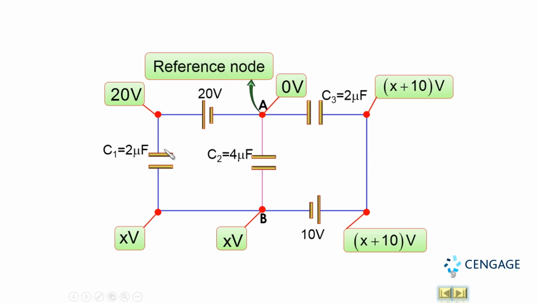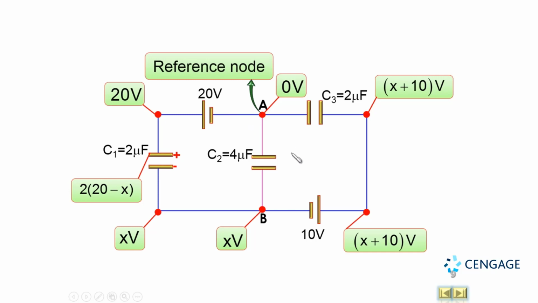That means the charge on this capacitor should be equal to 2 multiplied by 20 minus X microcoulomb, and this will be the positive and this will be the negative plate. So the charge on this plate should be equal to 2 multiplied by 20 minus X, correct?